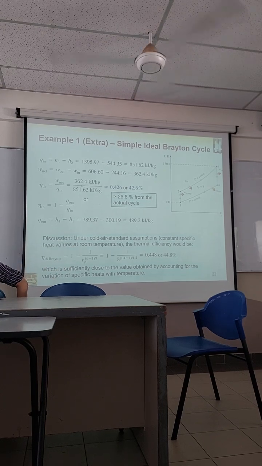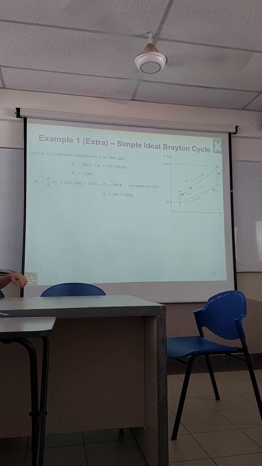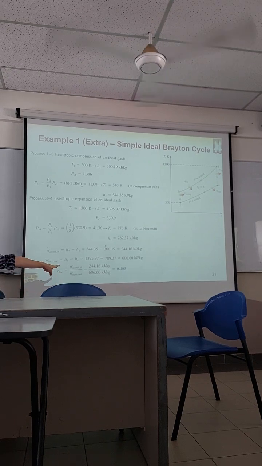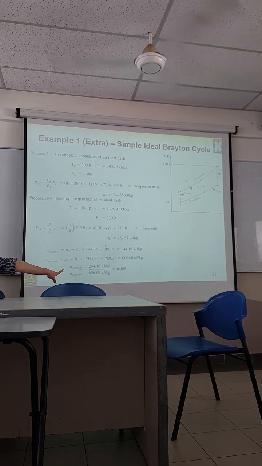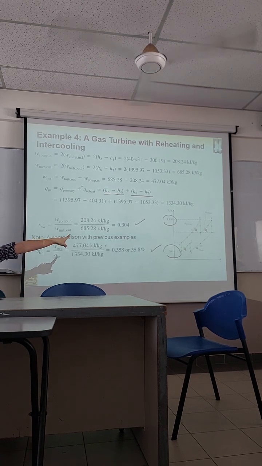As for the back work ratio, here it is 40.3 or 0.403, while the one that we calculated just now was 0.304.